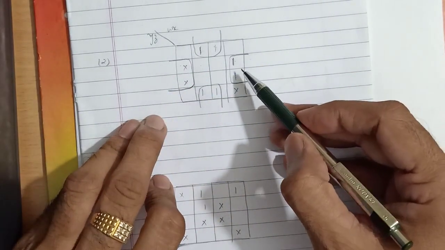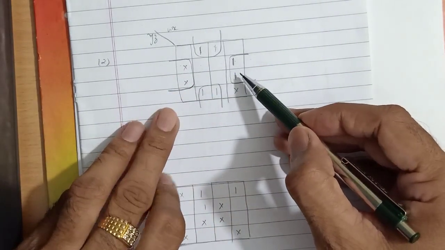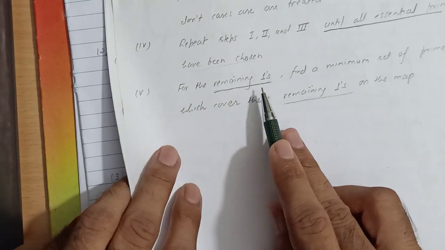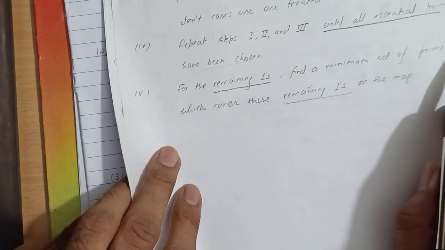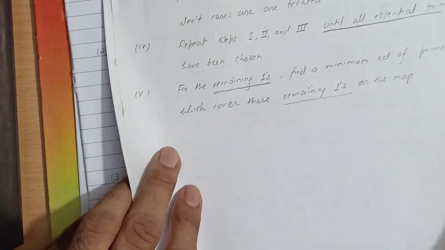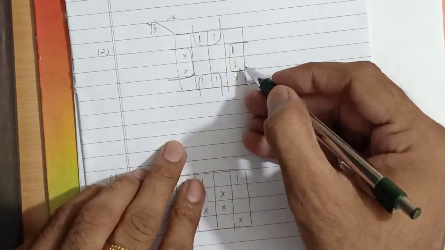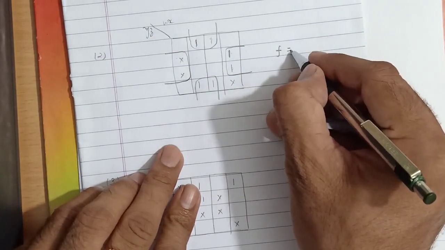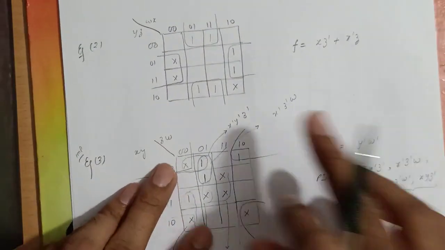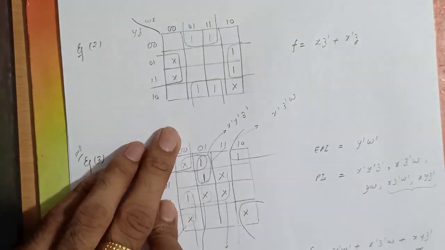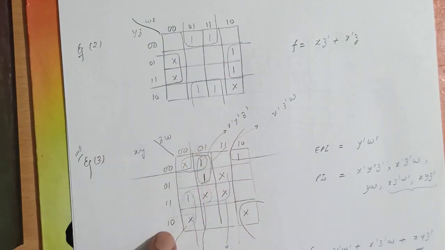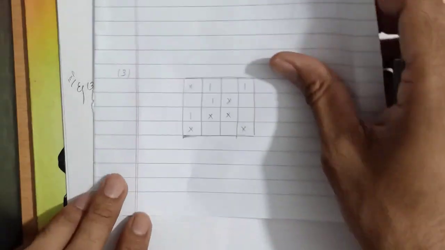Here also after finding all the essential prime implicants, there are no remaining ones, so again we will not follow that step. For the remaining ones we would find a minimum set of prime implicants that cover them. These two terms are the essential prime implicants. Here we have already written f equals x z dash plus x dash z. Now we will look into this third example.